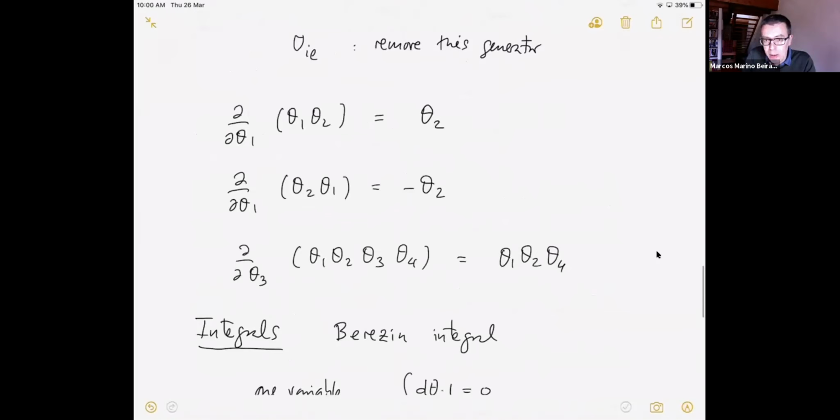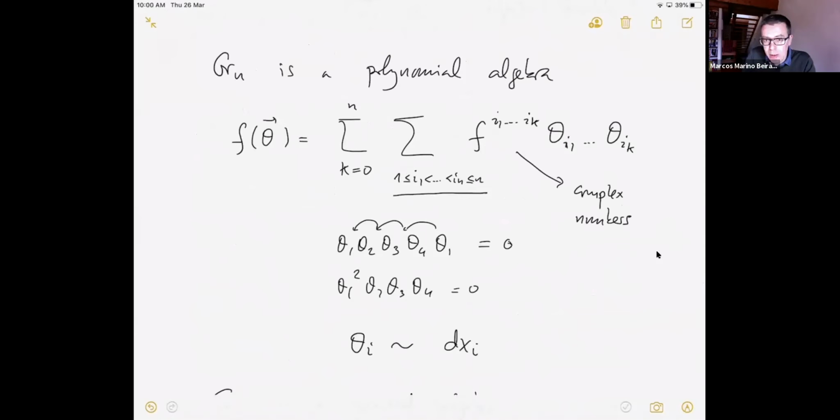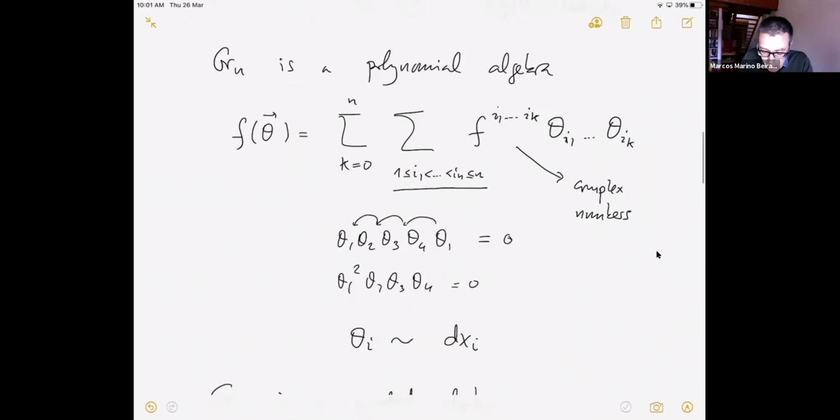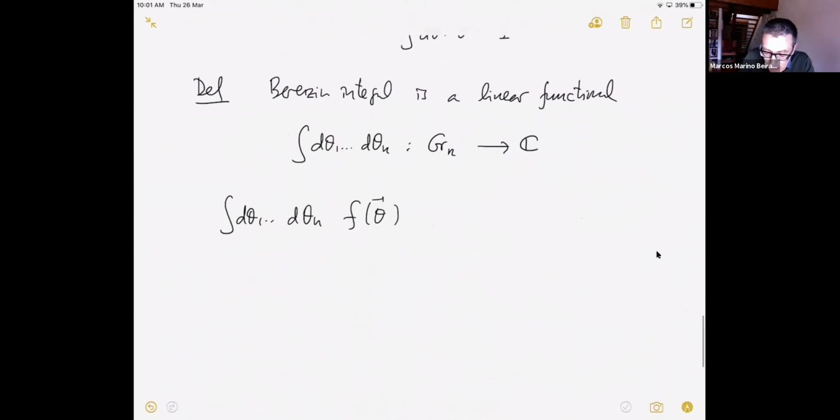Now the Berezin integral essentially looks at the highest possible number of thetas, and it removes them, and just keeps the coefficient of the highest power of thetas. So let me write it here. Imagine that we have a general element of the Grassman algebra.